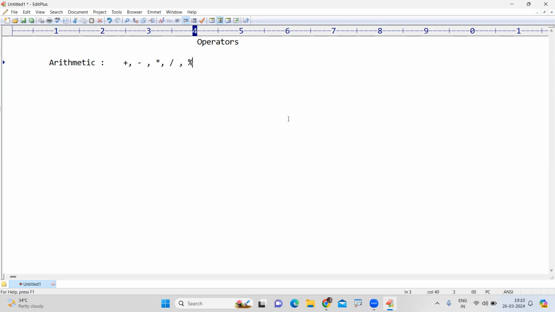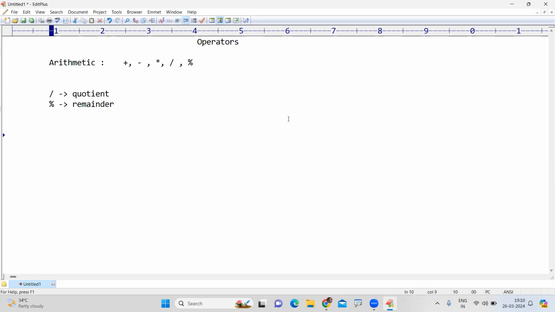You know all these operators perform arithmetic operations, mainly this division. Division gives the quotient and this mod gives the remainder after division. Division operator and mod operator, right?